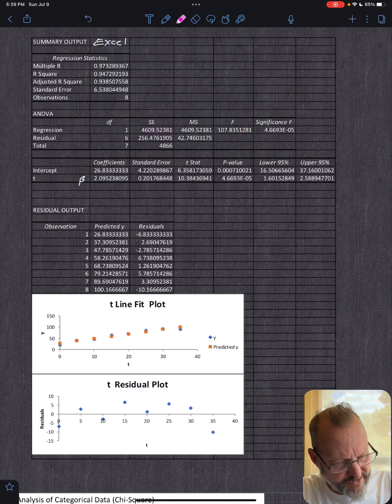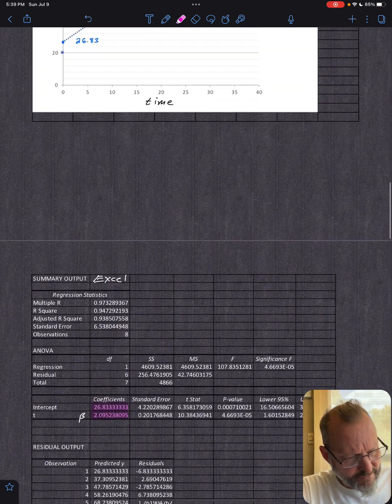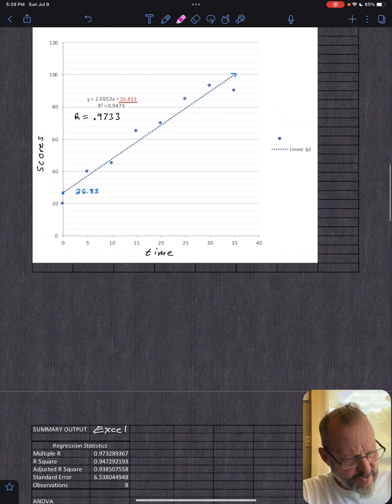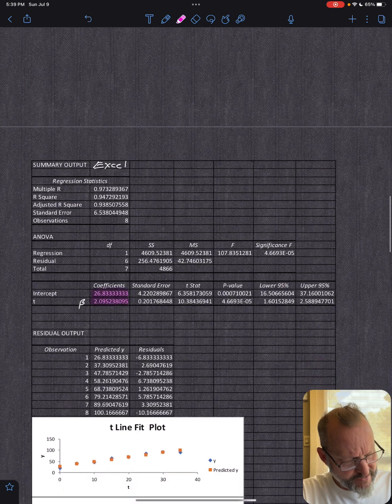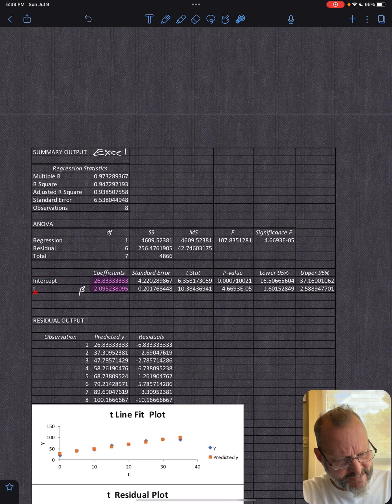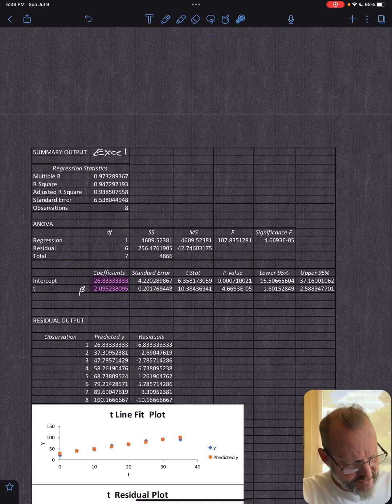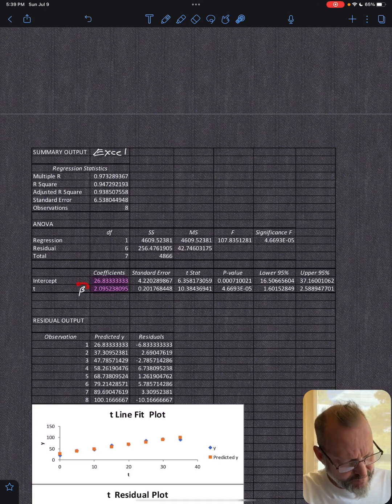So one of them is, here's your coefficients. If you go back up, coefficients are 26.833, and there you go, 26.833. So that's your intercept, and that's what it says. And then here's T. That's because I labeled it T. And so that's your beta.